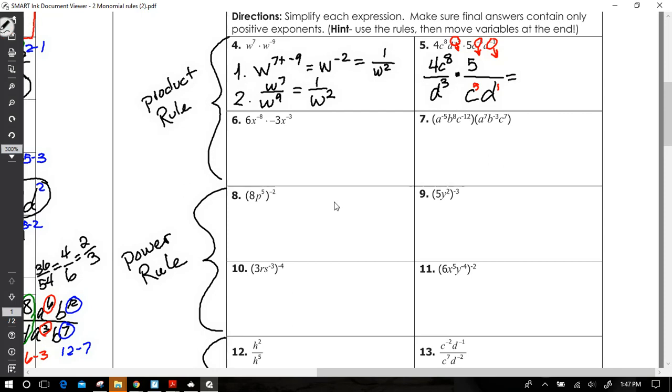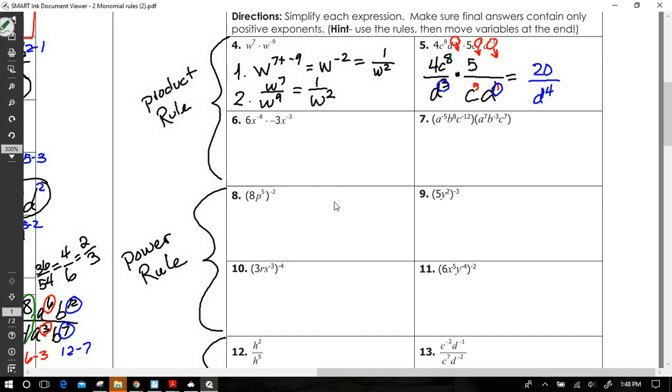And multiplying 2 fractions. So 4 times 5 is 20. D cubed and D to the 1st will be on bottom, so that's D to the 4th power. And then I have these C's.